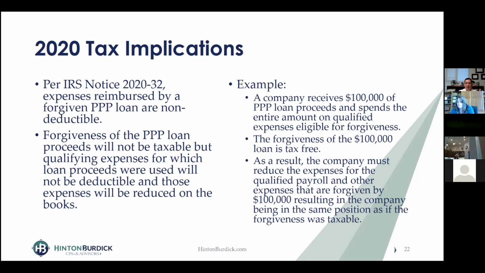If you're using QuickBooks or another accounting software, we'll keep track of that separately. That will be entirely up to you and whoever's preparing the tax return, how you want to report that. But just know, in the end, taxable income from that is going to go up by the amount of the forgiven debt.